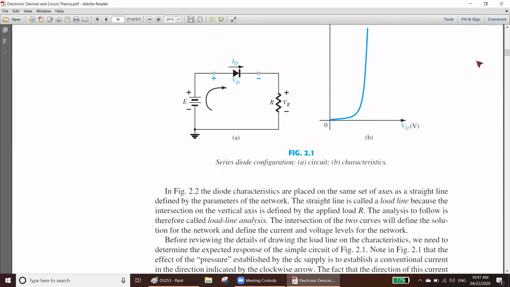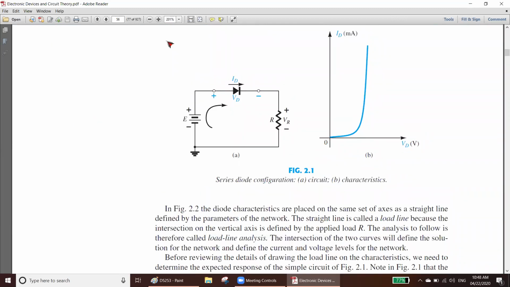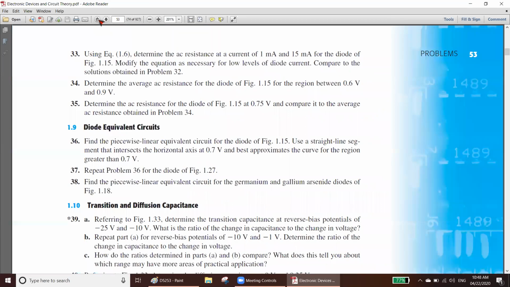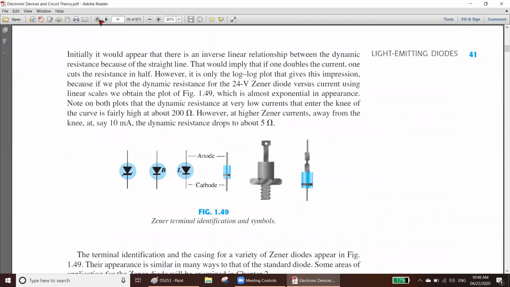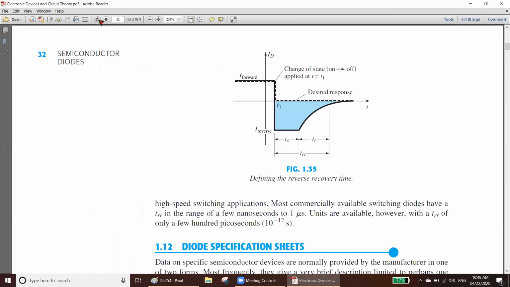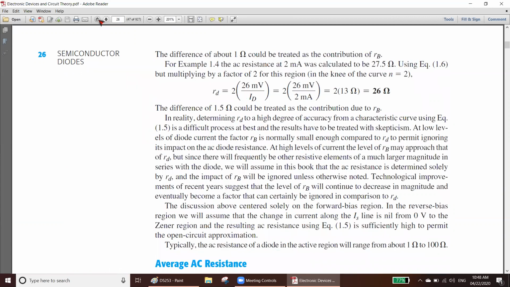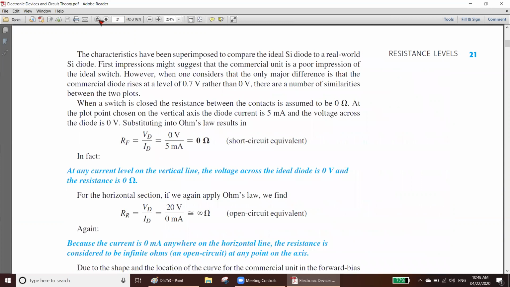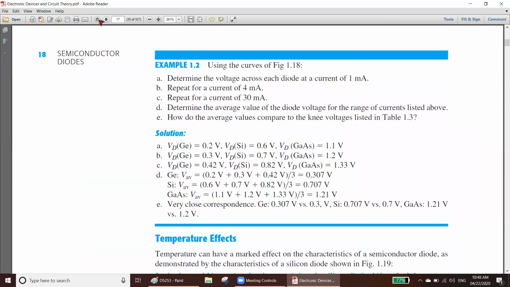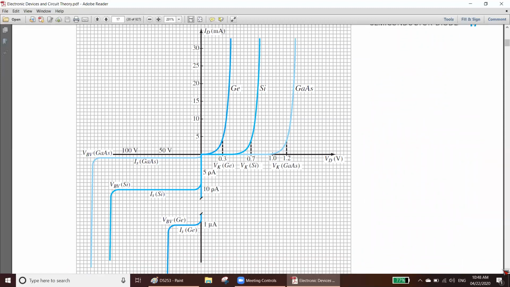Before coming to this topic, we want to go to chapter 1 for a look at the characteristics curve. What do I mean by this?